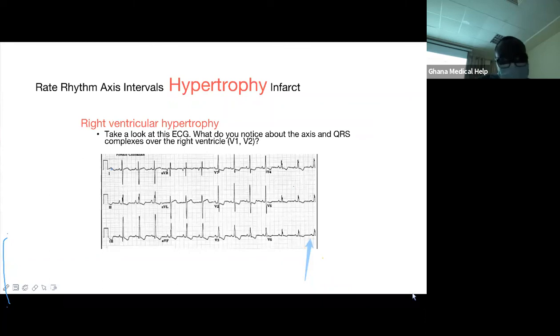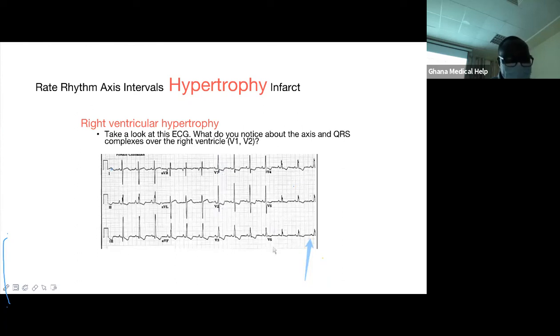The R wave, again, for lay people like me, is the first upward deflection. If you compare this R wave to the one coming down, which is the S wave, it is of course bigger than this small thing. The same way, if you come to V2, the R wave is bigger than this.